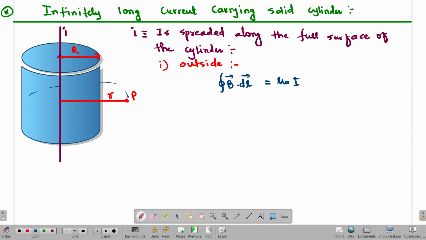So once again B is equal to mu naught I by 2 pi r. Is that clear or not? Second case is on the surface.